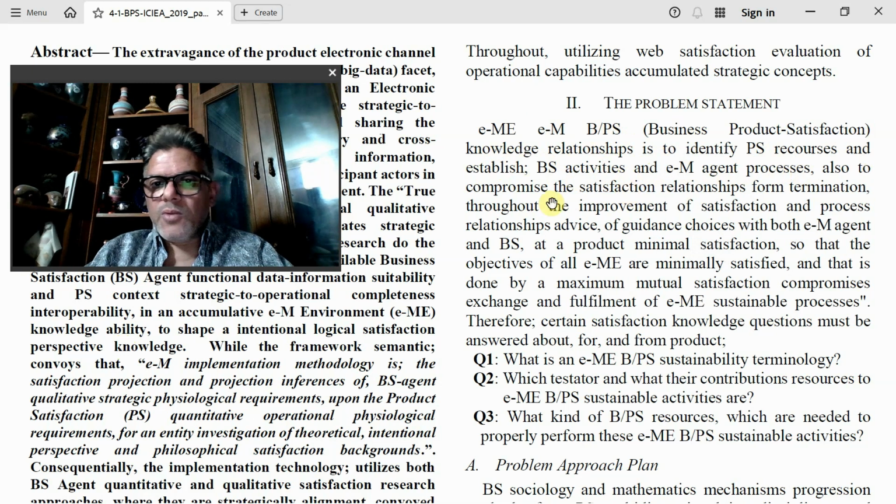Also to compromise the satisfaction relationships from termination throughout the improvement of satisfaction and process relationship advice of guidance choice with both e-marketing agent and business satisfaction at a product minimal satisfaction.